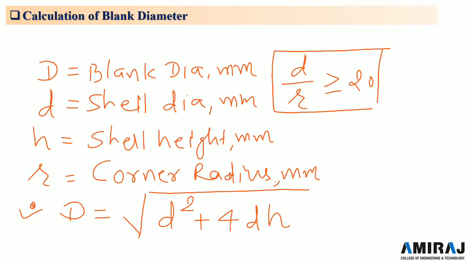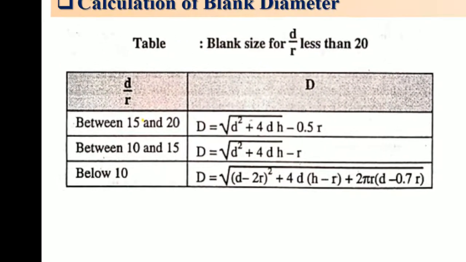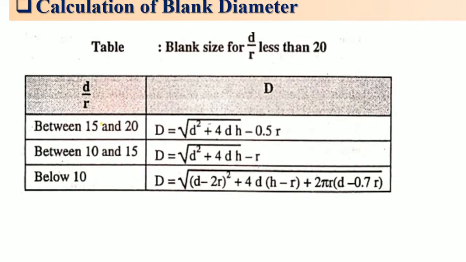Here you can see, if d by r is lower than 20 but greater than 15, then we will have a minus 0.5 r extra term in the diameter of the blank.